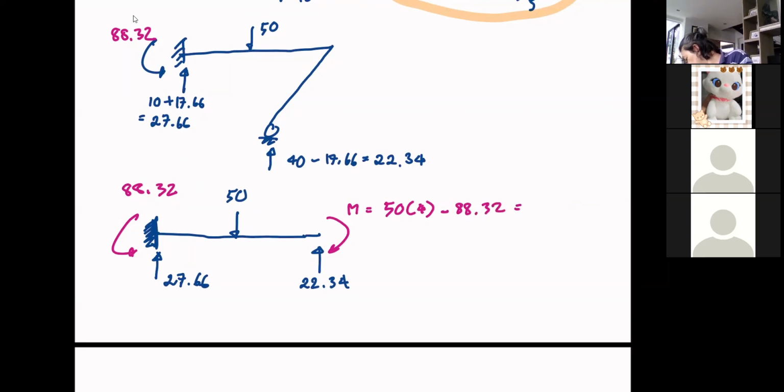Oops. Sorry. It's strange. I forgot this one. Sorry.